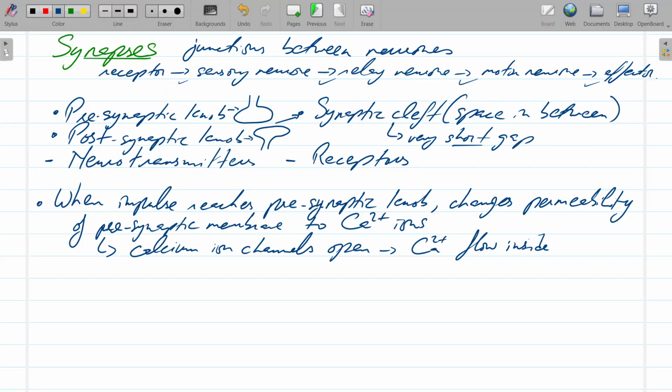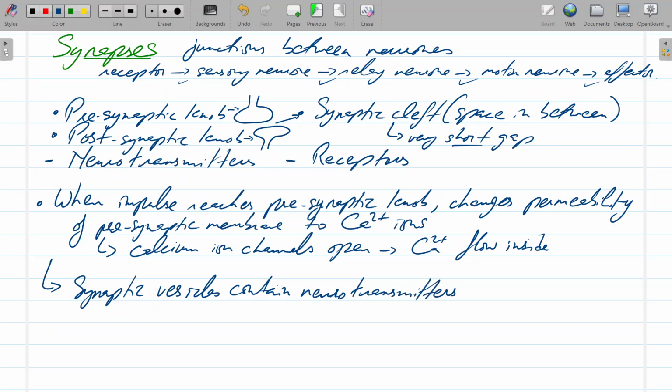And what that does is cause the vesicles that contain the neurotransmitters to move towards the presynaptic membrane because of the calcium.